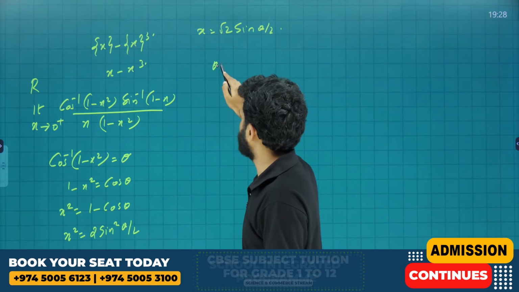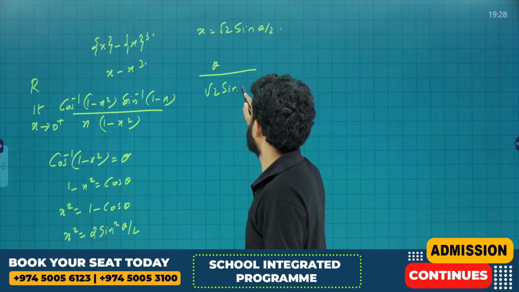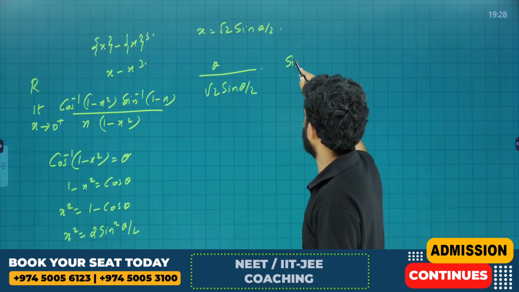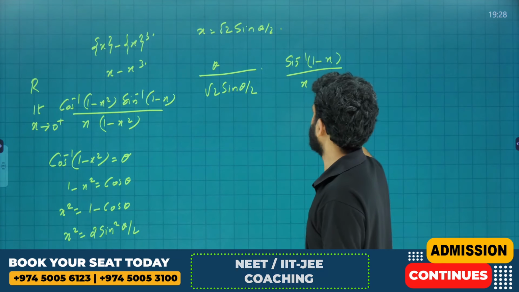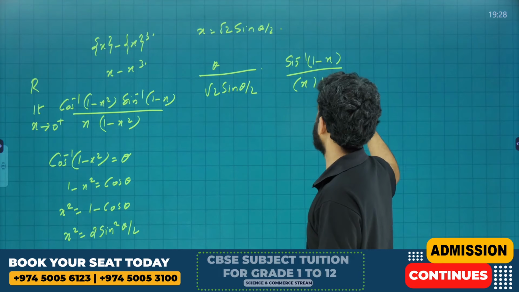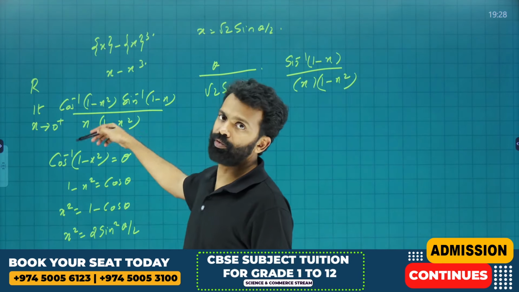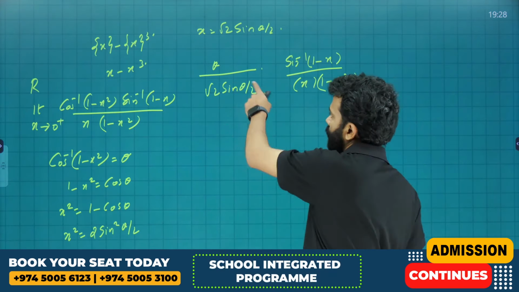That is theta divided by what was x, root 2 sine theta by 2, and the other part was sine inverse of 1 minus x divided by x into 1 minus x square. See, here there is a slight problem actually, because I have converted the variable from x to theta. Therefore the limit should also be changed accordingly.